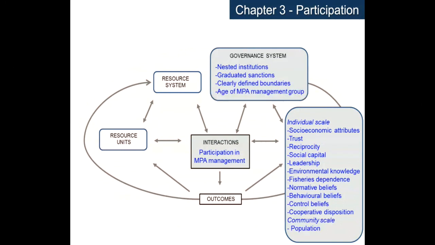And I looked at these community scale characteristics, and in particular I drew on Ostrom's 8 design principles to inform my choice of variables for the governance subsystem. So just to refresh you on the question I'm looking at here, and that is to look at how all these things are related to participation. So what are the effects of these factors on participation?